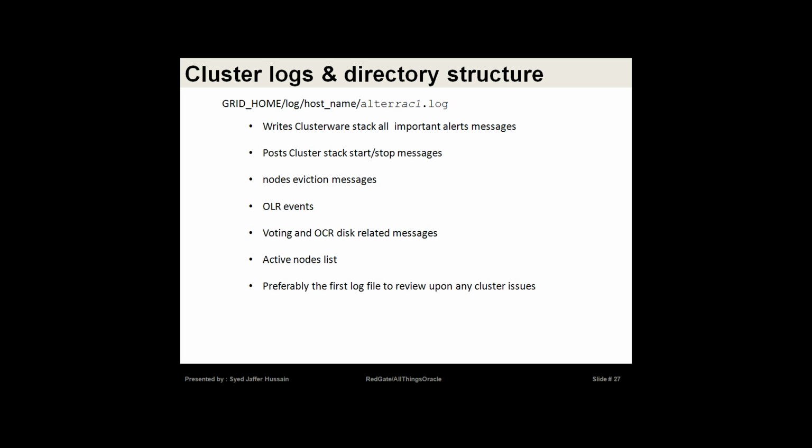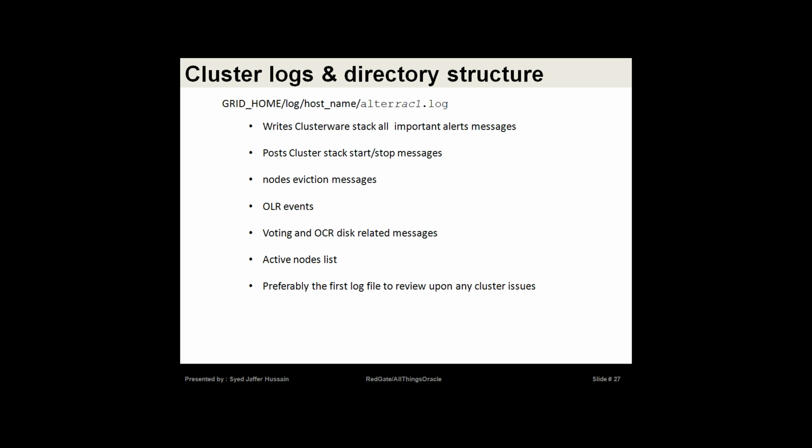We can see when the cluster started up and the OHASD process started. This is not just for startup messages. You can also see stop messages, and whether the cluster becomes unhealthy. So for any clusterware problem, you can have a look at and examine this log to troubleshoot the problems. This file will also give you the node eviction messages.